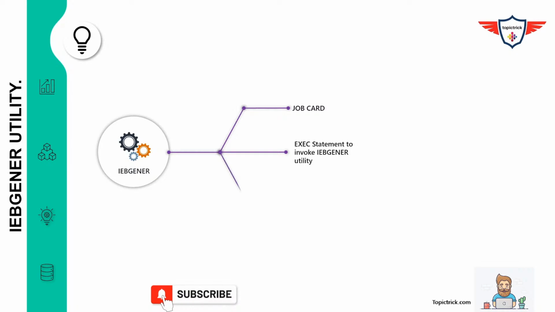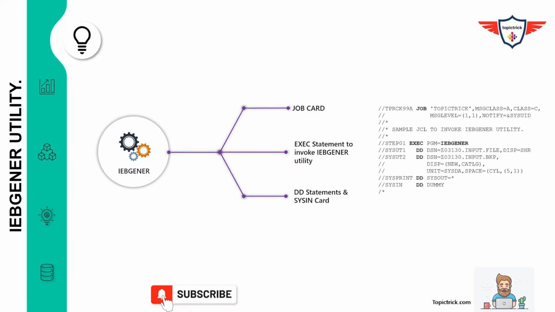Then you need an EXEC statement to invoke the IEBGENER utility. After that, you need a couple of DD statements, and the SYSIN card is required if you are doing a reformat. In case you are not doing any kind of reformat, you specify SYSIN as dummy.